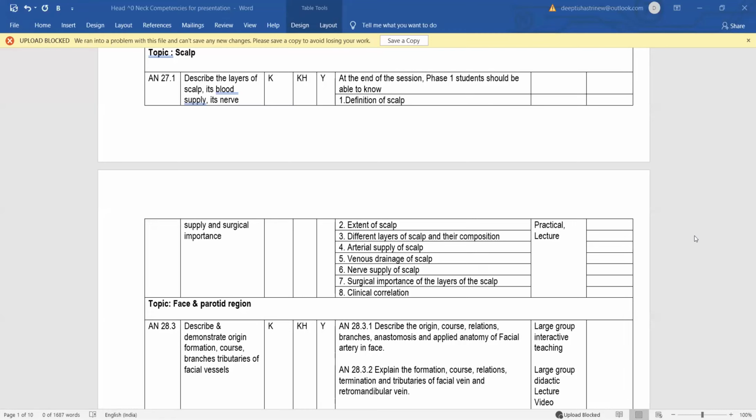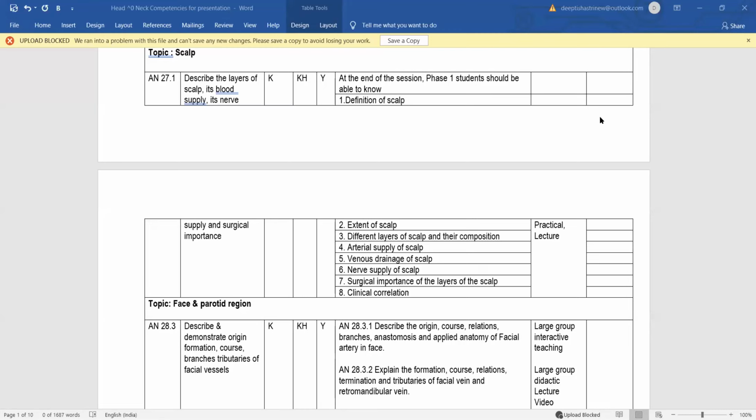Instead of just a lecture class, that is where the importance of dividing the SLOs according to the knowledge and the level comes in, so that we can plan a teaching-learning session, either a lecture class or, if we want case-based learning, decide which SLOs will go into case-based learning.